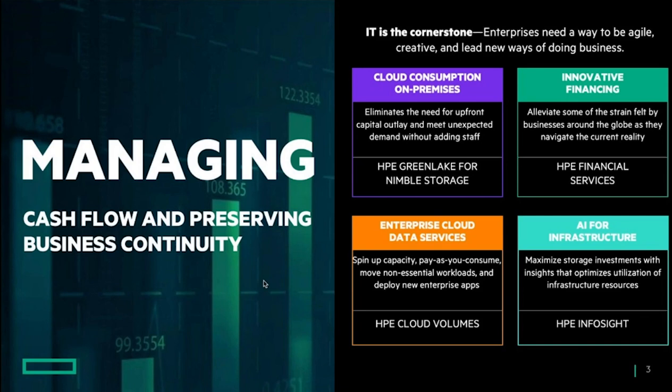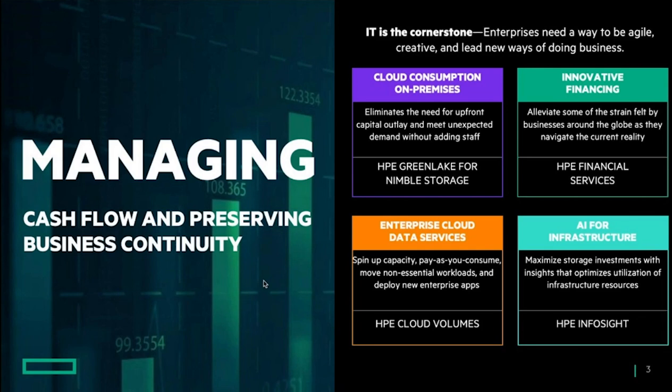IT is the cornerstone, and as organizations look to manage cash flow effectively, it's important to not compromise business continuity in light of preserving cash. You should look to partner with a technology provider who can go beyond the traditional solutions and have the flexibility to bring in new approaches and answers.